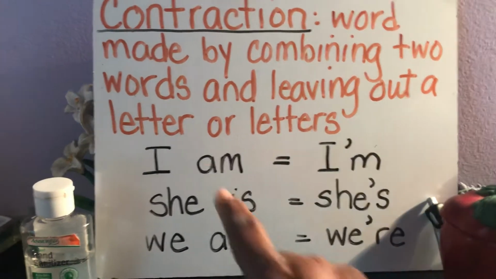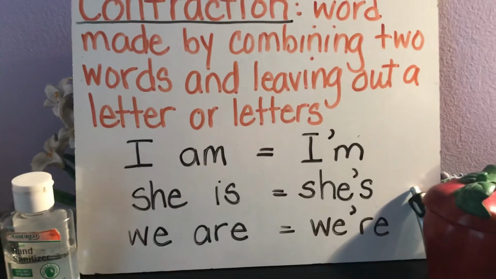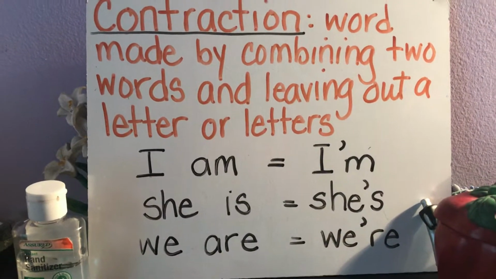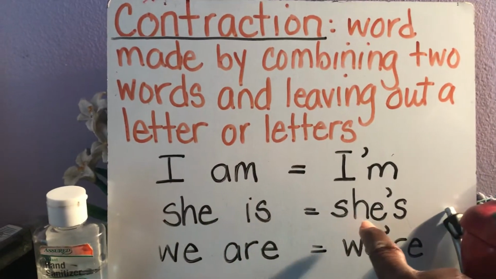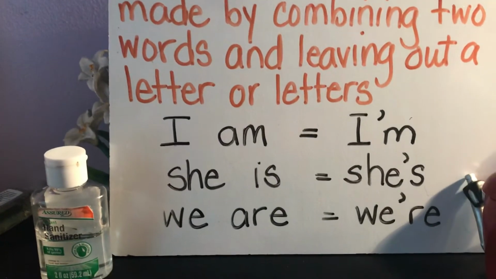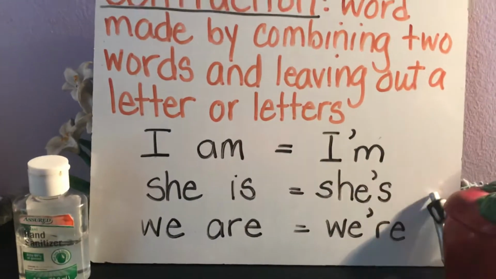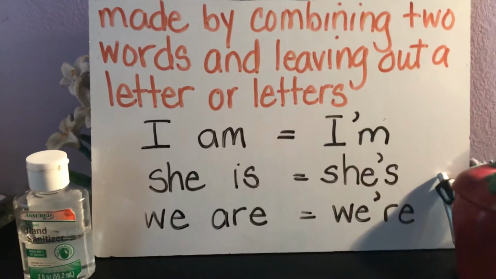And so we took out the A and the apostrophe replaced the A. That's what we use in contractions, the punctuation mark, an apostrophe. She is, she's, we are, we're. So those are contractions on this side. These are the 2 words that make up the contraction. And we have the apostrophe.